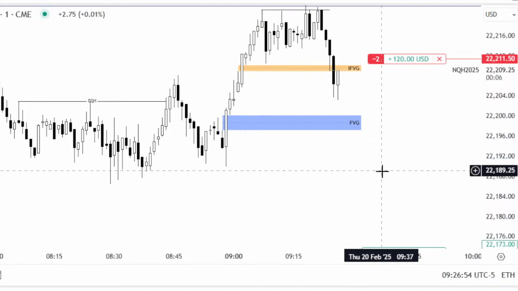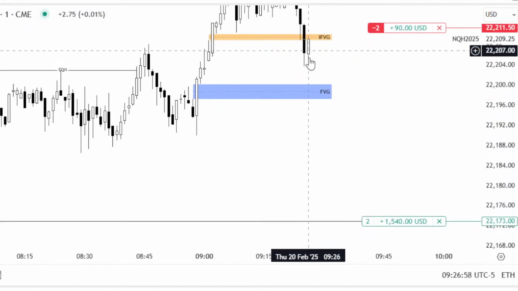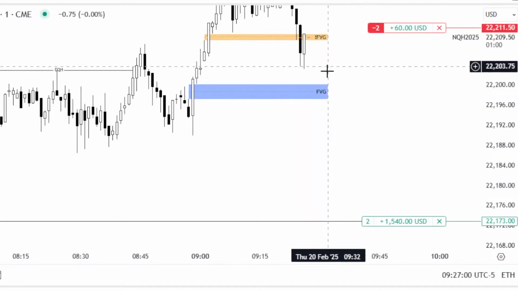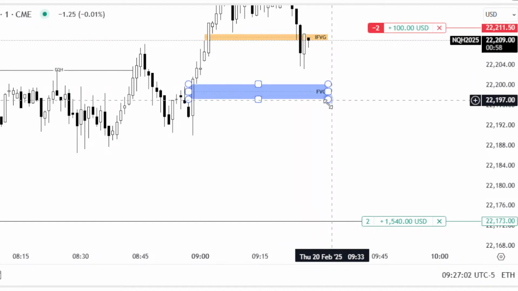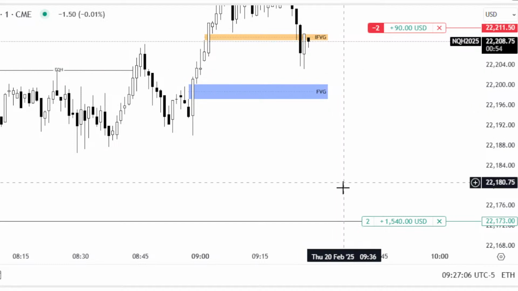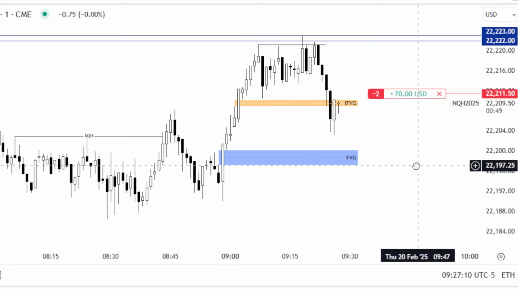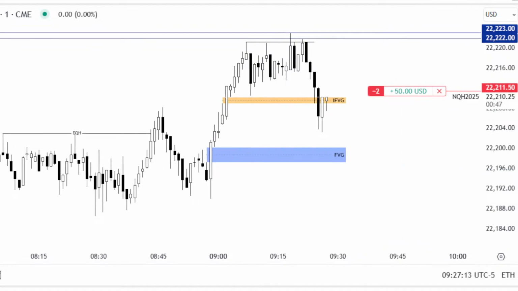What I'm thinking is price could test there, come here and drive around here, and maybe when we open we could see accelerating price into this fair value gap, then come back and do something else. But for now I'm just going to let this one ride.